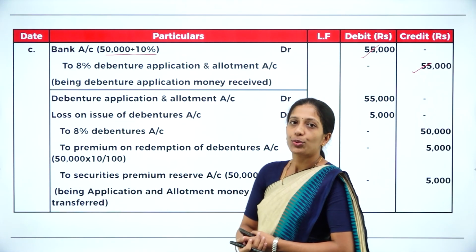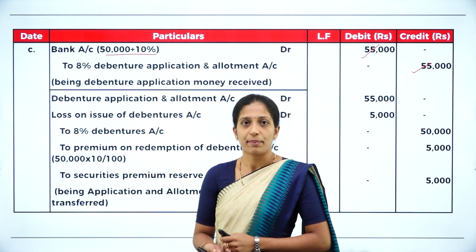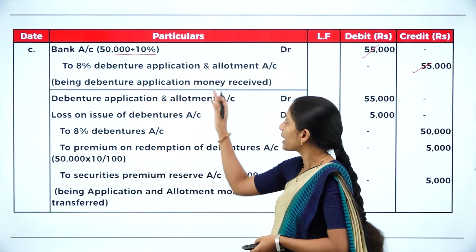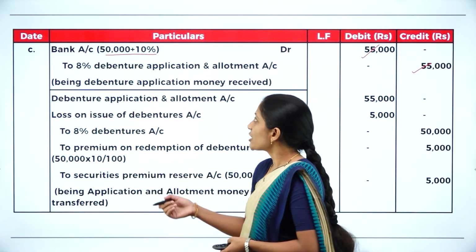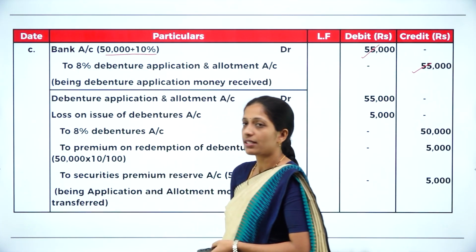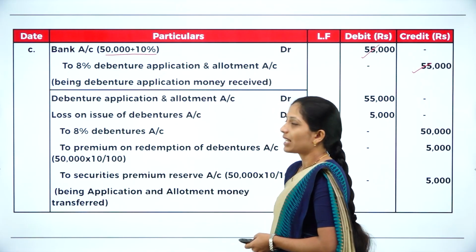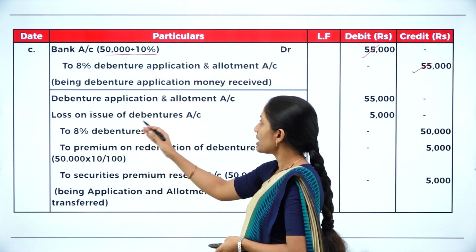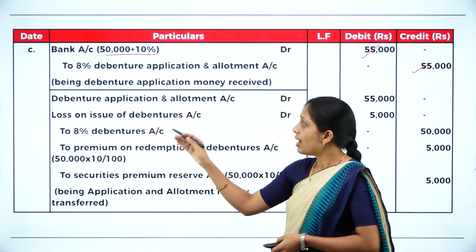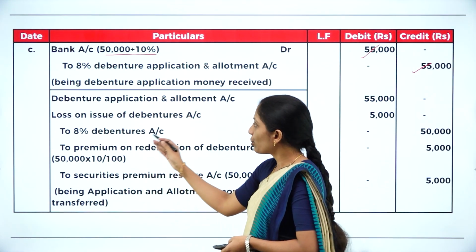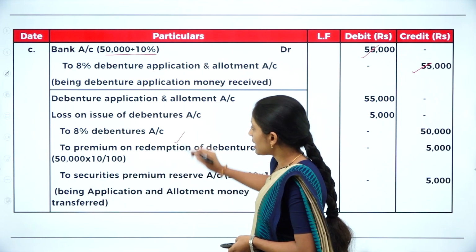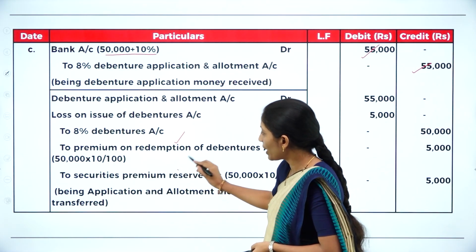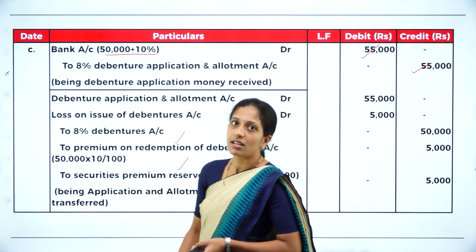The third situation is where it is issued at premium and redeemed at premium. Your entry will be bank account debit to debenture application and allotment account. It is issued at premium, so 50,000 plus 10%, being debenture application money received. Now, since it is redeemed at premium, we will have this entry: debenture application and allotment account debit, loss on issue of debentures debit, to 8% debentures account, to premium on redemption of debentures account, and since it is issued at premium, to securities premium reserve account.